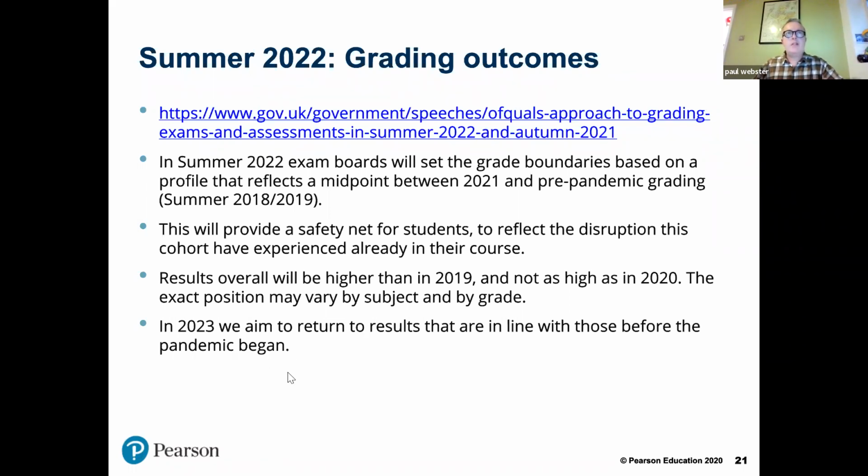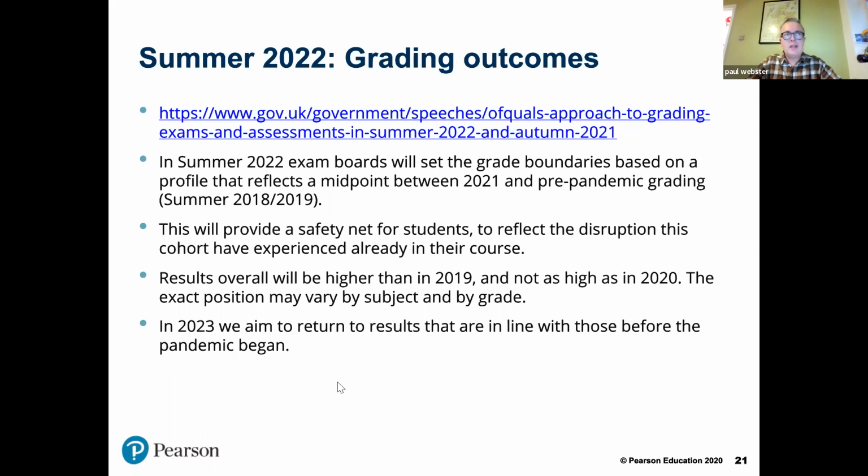So there may be that the grading outcomes, the results overall, are slightly higher than in 2019, but not as high as they were in 2020. But it will vary by subject and grade. So there's a lot being considered in terms of how students will be awarded. I suppose the main thing really is that the students who are doing GCSE and A-level drama are okay with what they're doing, and they've got enough guidance, and that they are able to get as much out of the course now in terms of the learning as is possible.